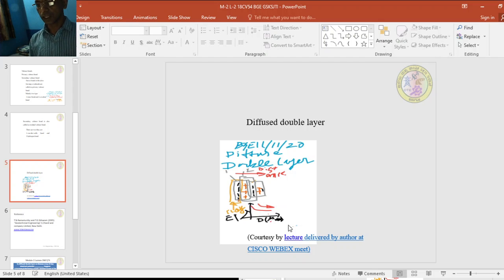The H plus ion will attract the negative charge of the clay particle, and it will try to make a bond for stabilization of the charges, and that forms one thin layer on the surface of the clay, that is the first layer.